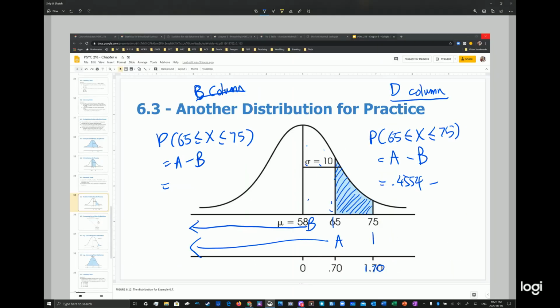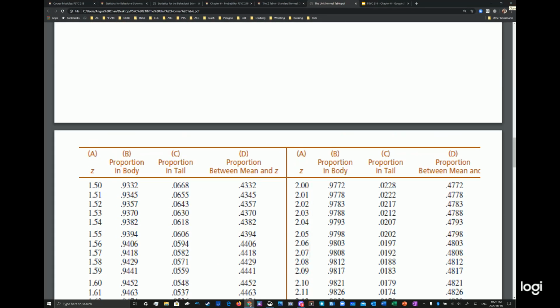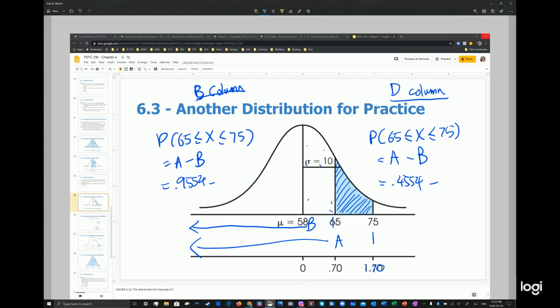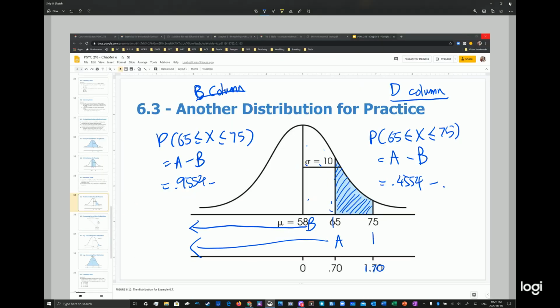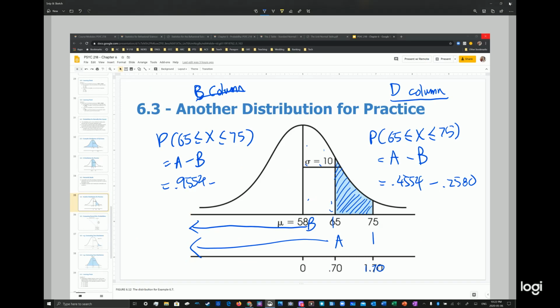Okay, cool. So here we go, and look for 0.7 again, which is here. 0.7, that's in column D, 0.2580. And then in column B, that's 0.7580.